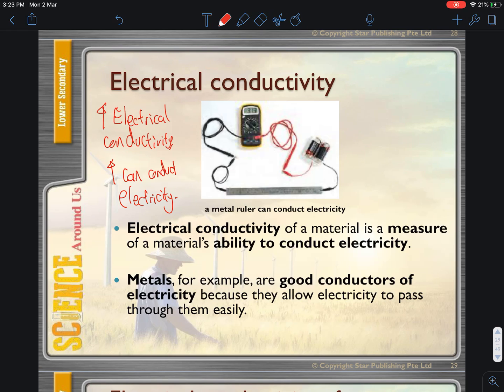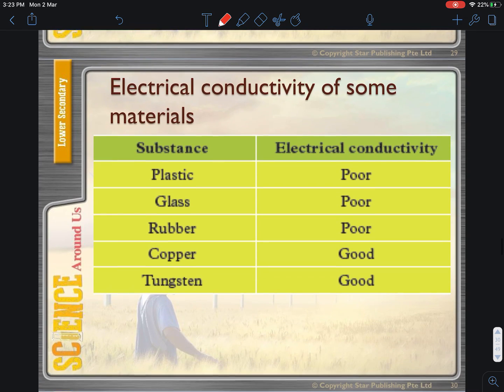Some of the items that can be used is, for example, if you want to pass electricity around the classroom, like to switch on your light and what's not. So the wires tend to be made of metals, as metals are examples of good conductors of electricity, as they allow electricity to pass through them easily.